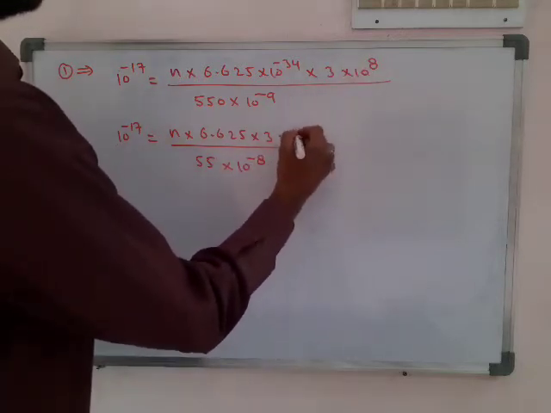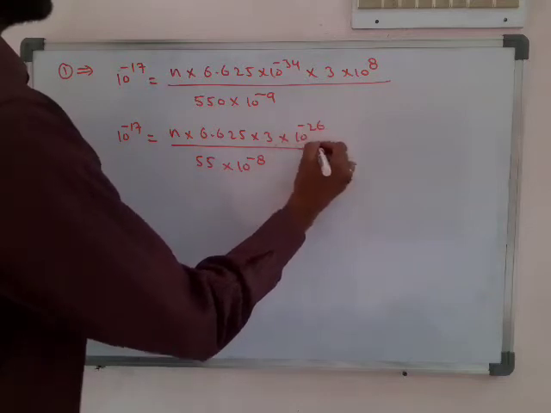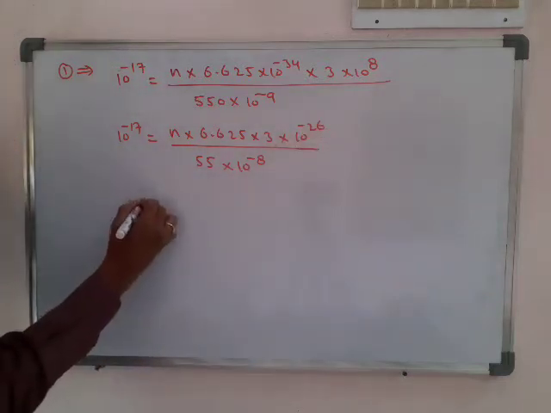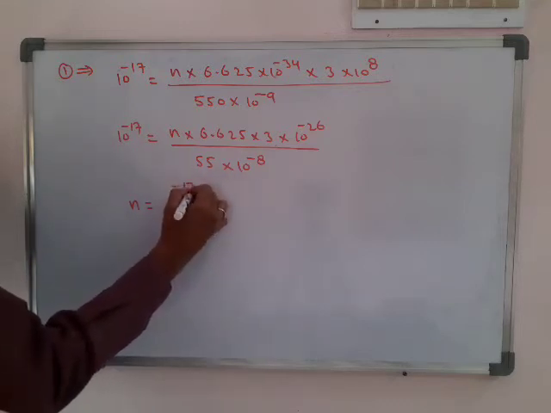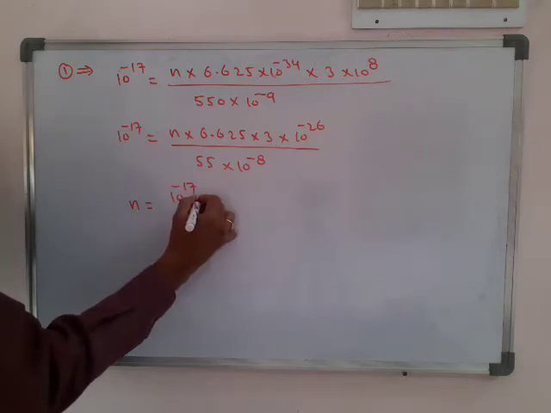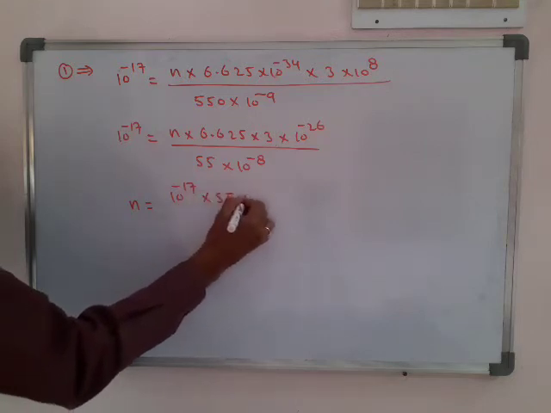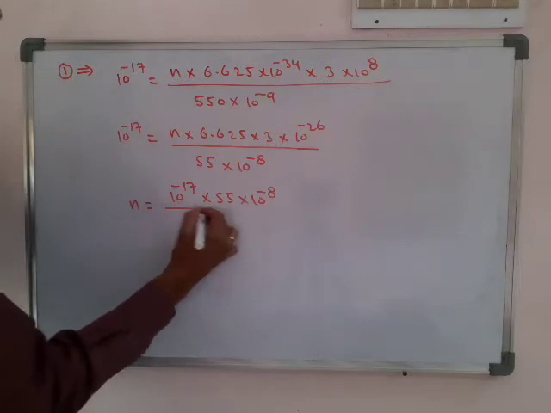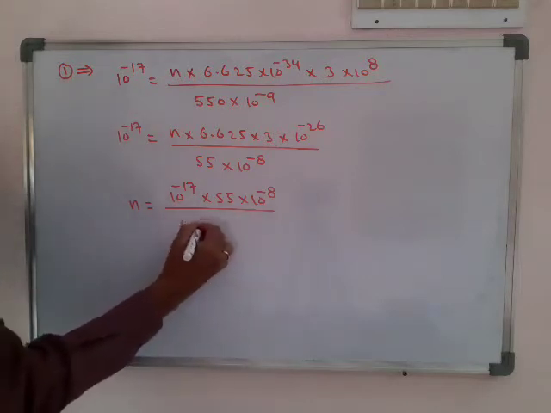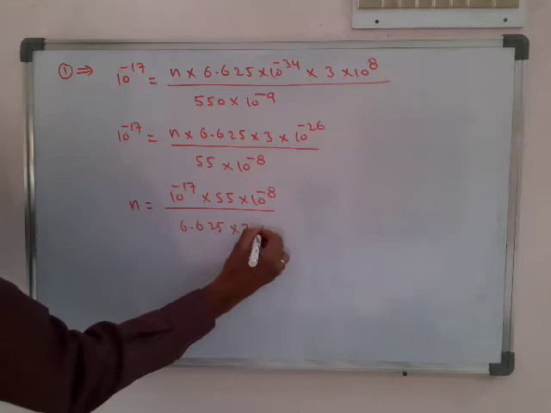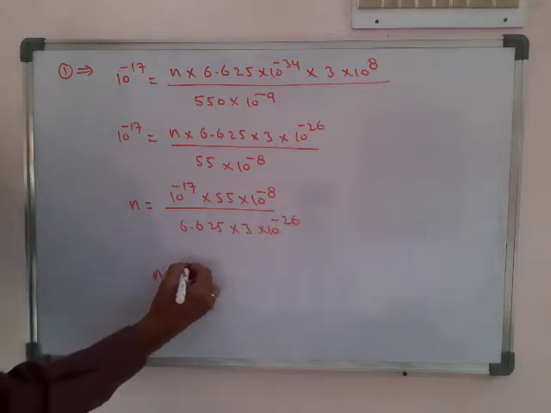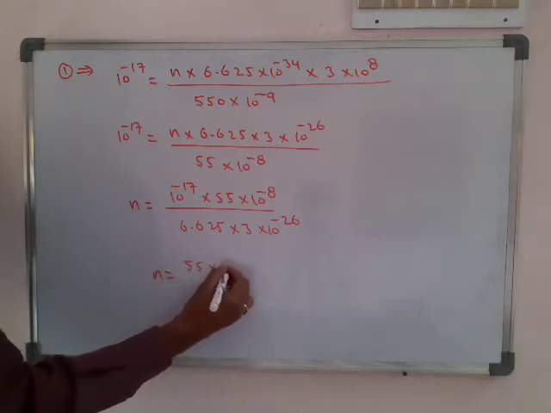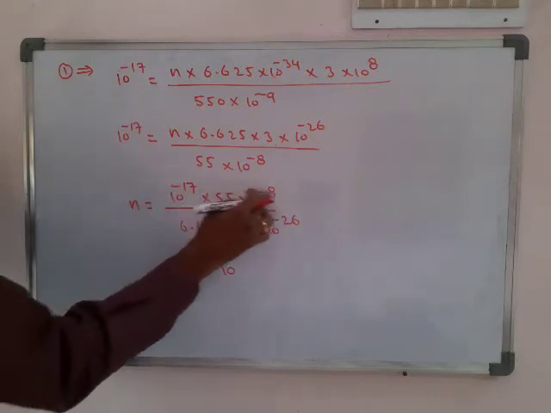So plus 8, minus 34, that makes it 10 to the power minus 26. So what is n equal to? 10 to the power minus 17. This is minus 25, we will get 17.